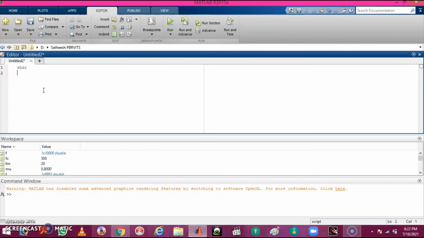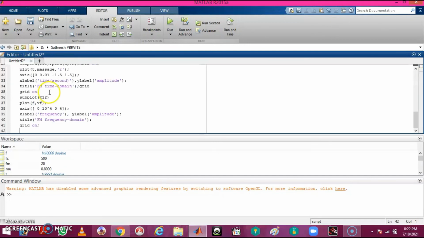First CLC, then clear all, then close all. Then we will be typing the entire program. After typing this program, we have to save our program.